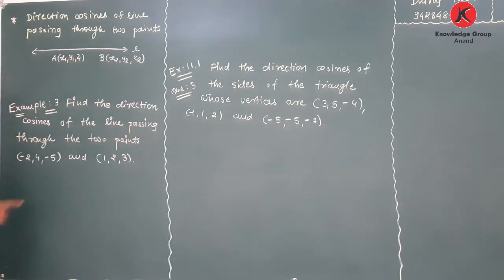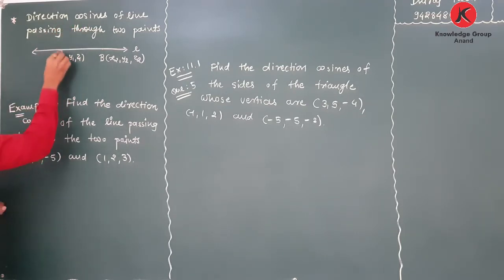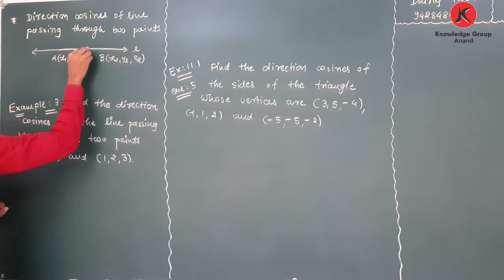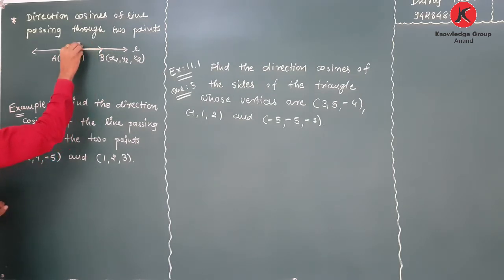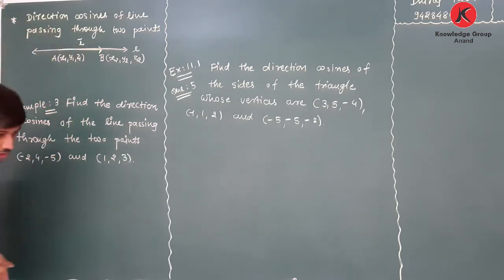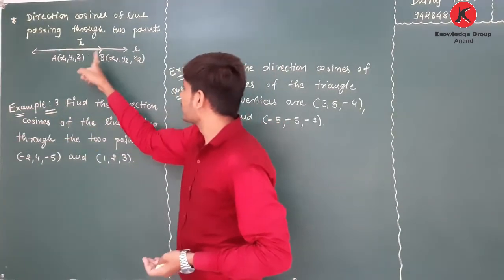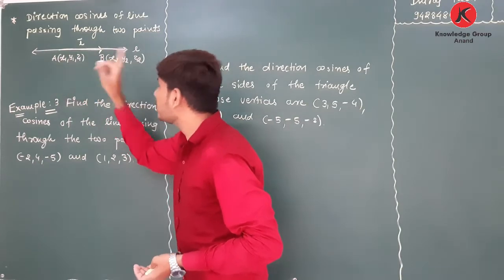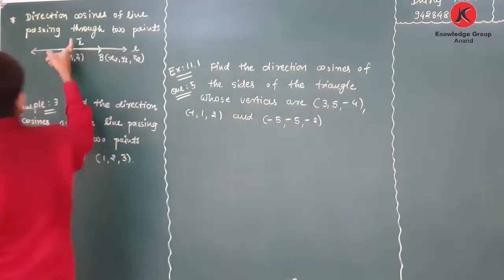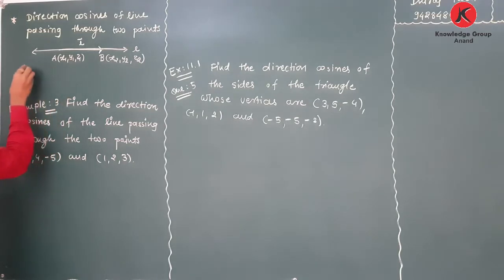Then we can calculate the direction cosines by use of the vector in the direction of line L, which gives the direction of the line. This vector AB gives the direction of the line. Here, direction of line L bar equals vector AB.